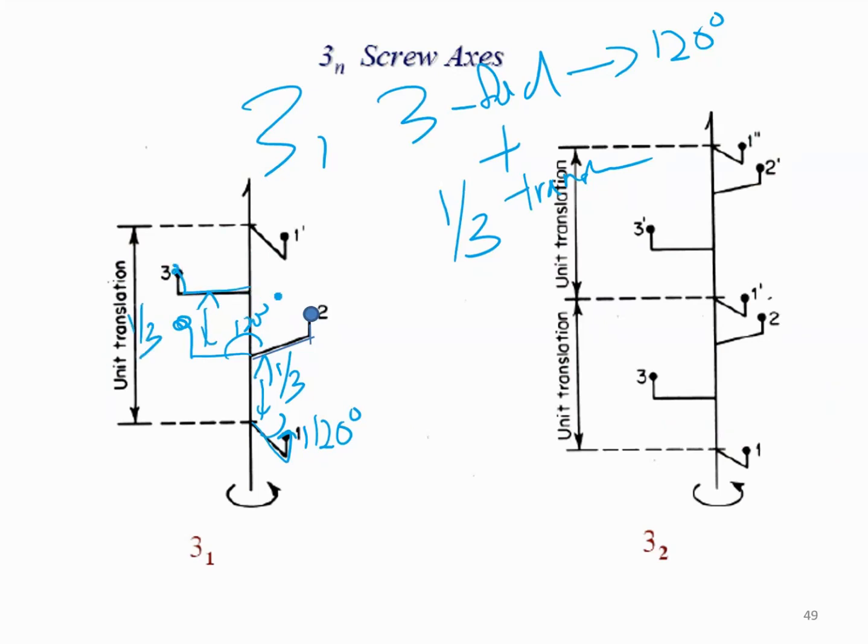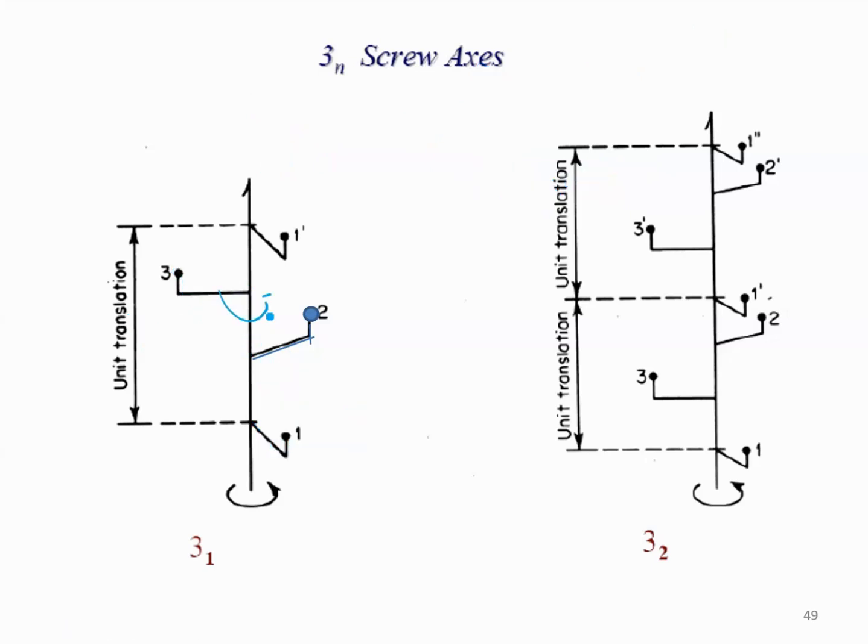Then for position 3, it rotates by 120 degrees and then translates by 1/3. Okay, so this is 1/3, this is 1/3, this is 1/3, then this is 1 unit cell. This is 1 unit cell, so this position is equivalent to this position. All right.